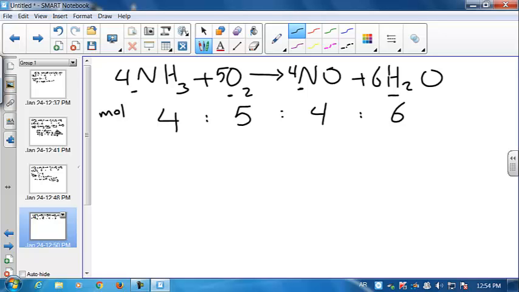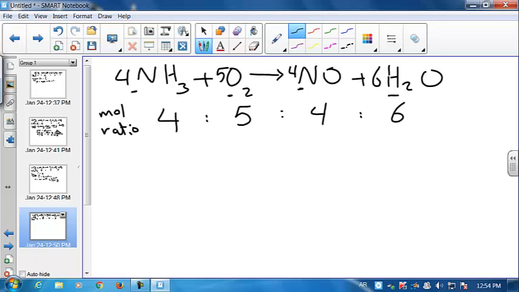The first request is how many moles of NO are formed when he used 84 gram of ammonia. Since he used masses, this means that I need to convert the mole ratio into mass ratio.